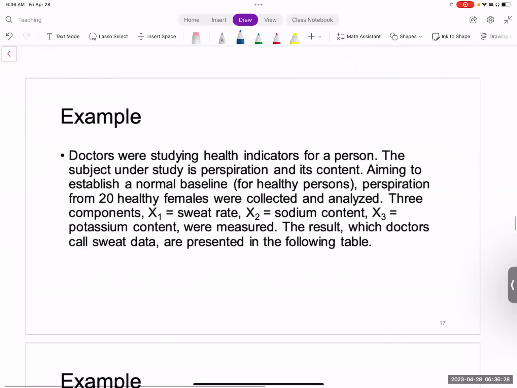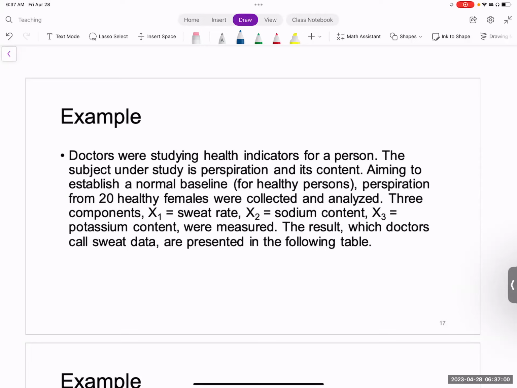The question says, doctors were studying health indicators for a person. The subject under study is perspiration and its content. Aiming to establish a normal baseline for healthy persons, perspiration from 20 healthy females was collected and analyzed. Three components, X1 sweat rate, X2 sodium content, X3 potassium content, were measured. The result, which doctors call sweat data, is presented in the following table.